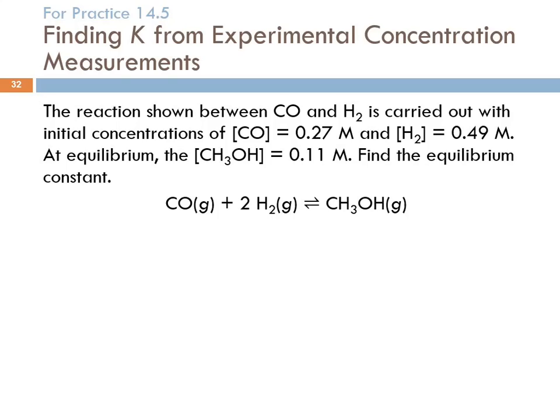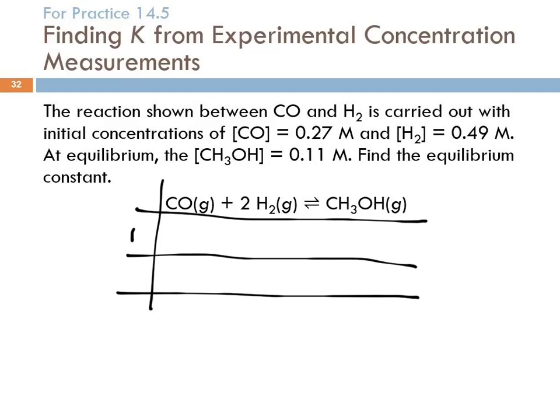So the reaction shown between carbon monoxide and hydrogen is carried out with the initial concentrations shown there, and at equilibrium it gives you a concentration. Find the equilibrium constant. Well, I often like to just use the equation as the labels for my ice table.